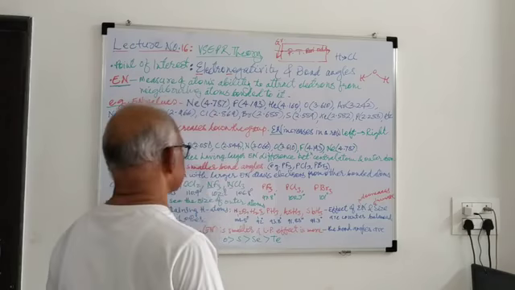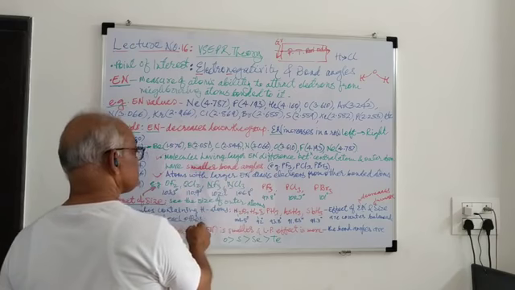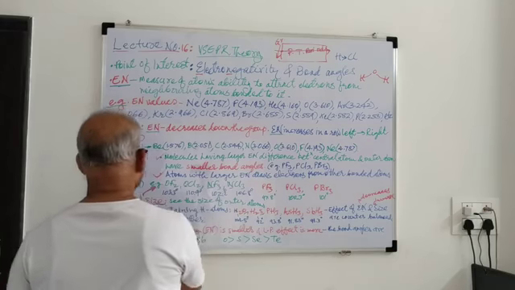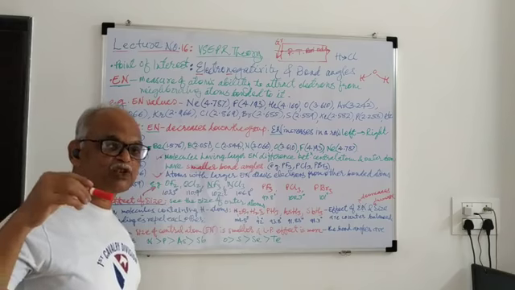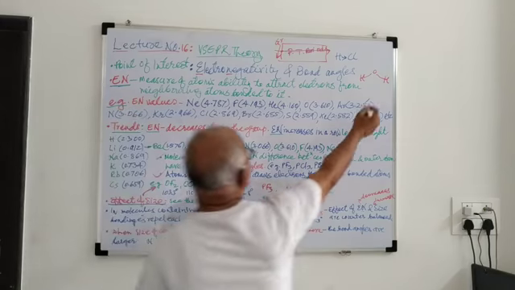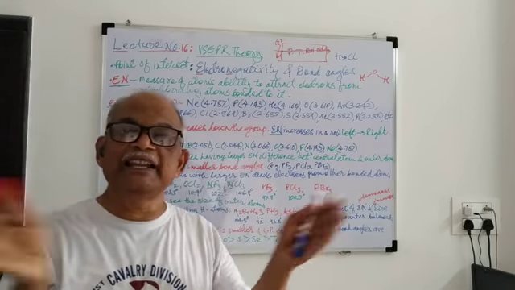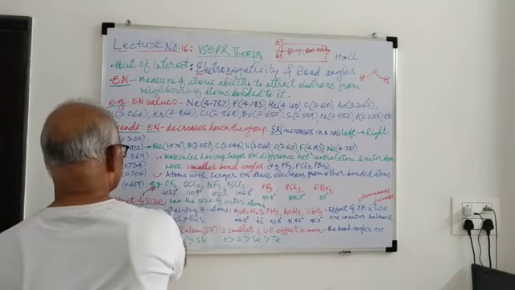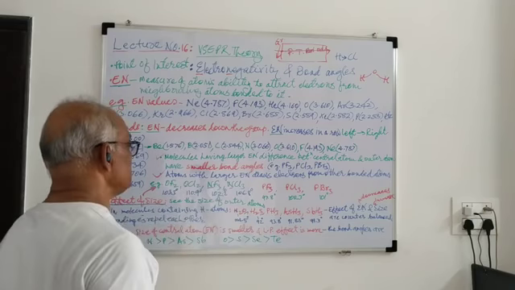So in such cases, the bonding electrons are repelling each other. In molecules containing hydrogen atoms, bonding electrons repel each other.